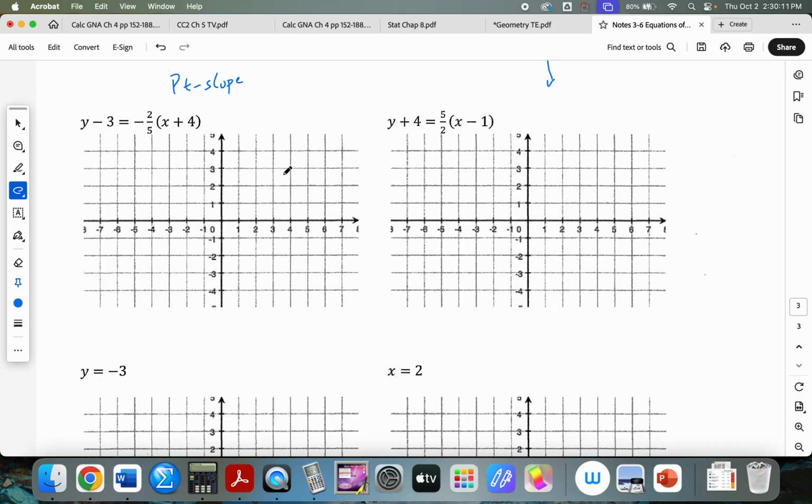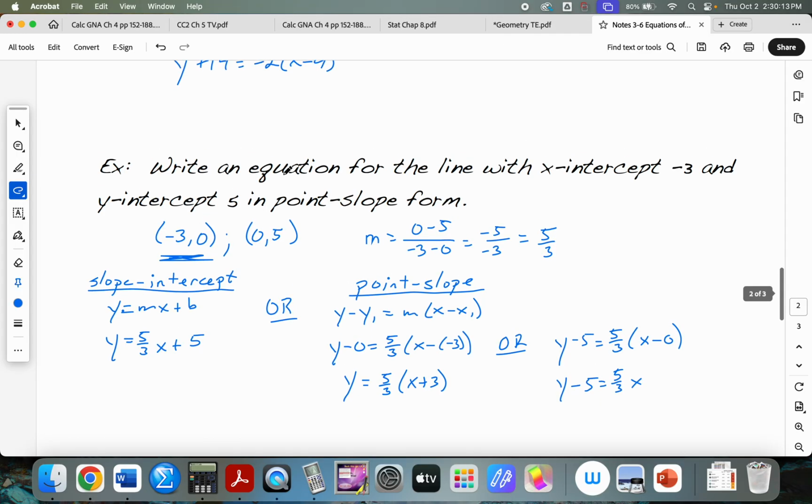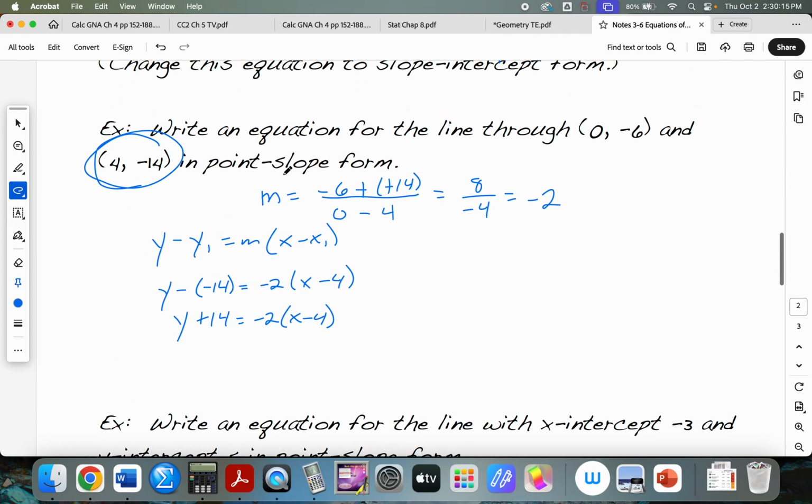Now, before we actually do that, let's back up for just a second. Let's look at this equation and look at the point. In the equation, next to the x, what do you see? -4, right?